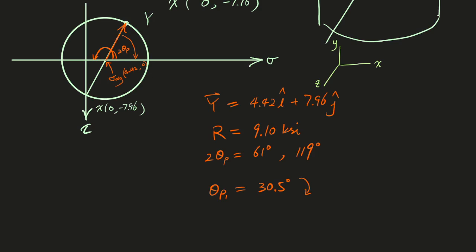And on the other side, I can rotate it counterclockwise by 119 degrees and get to the x-axis as well, but just pointing in the negative direction. So theta p2 would be, what's 119 divided by 2? 59.5 degrees counterclockwise. Now in this question, they didn't ask me for the shear theta, so I'm not even going to bother doing them.